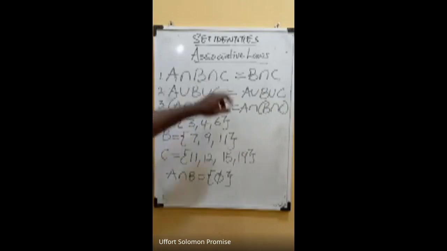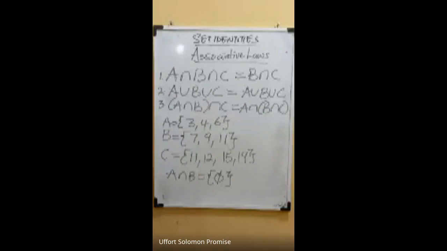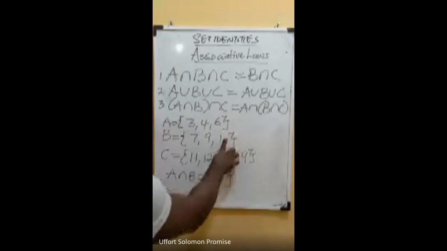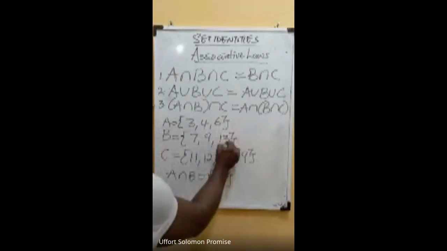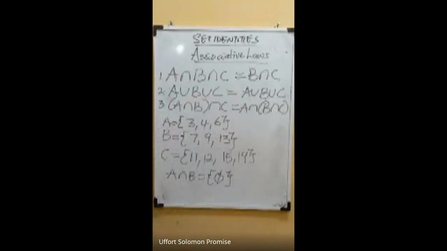What is B intersection C? Let us look at B and C now. This is to show there is something missing here. This was 13, not 11. I think it was my mistake. It was 13 here. So B intersection C, what is it?